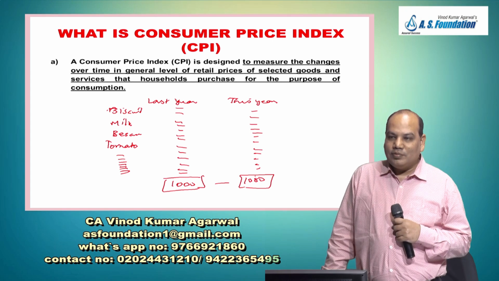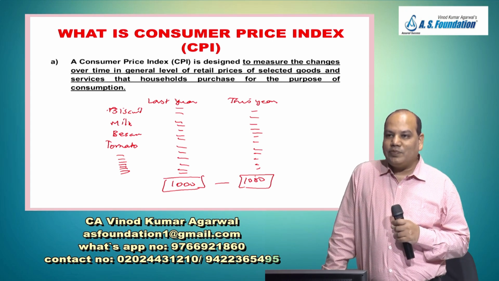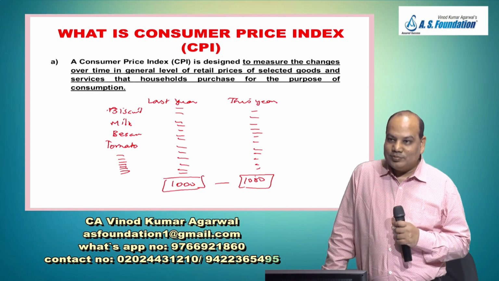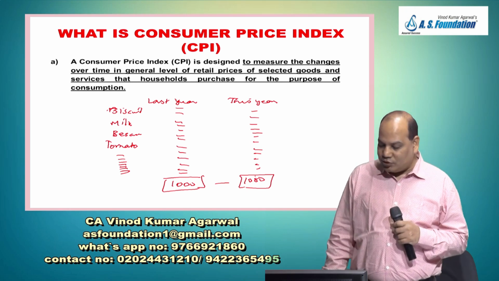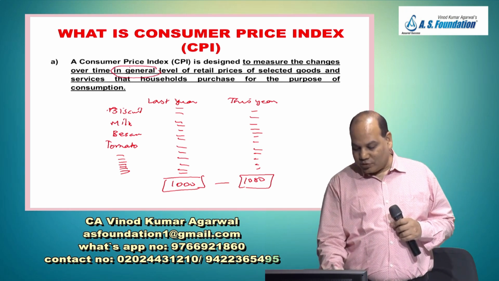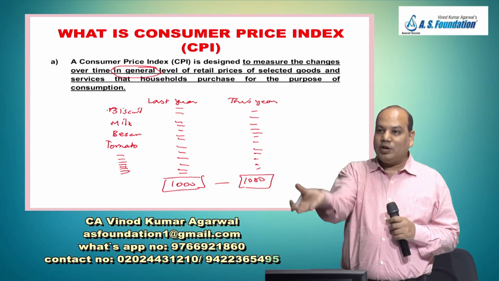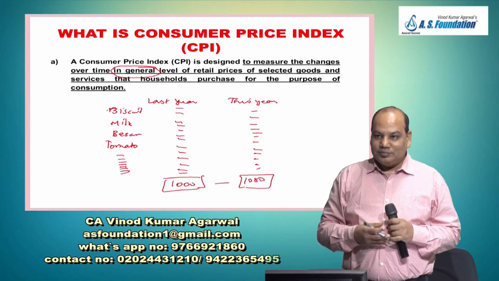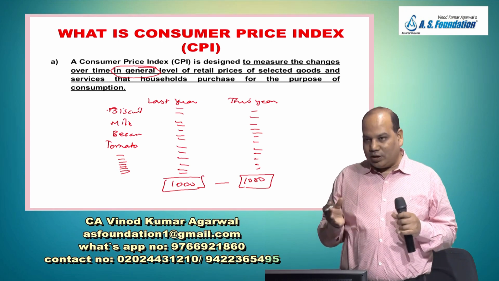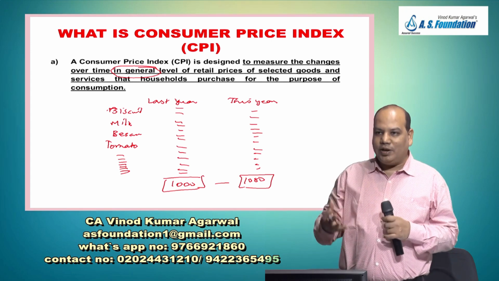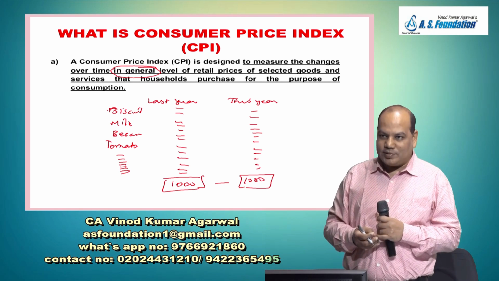In general, the prices of goods and services which Indian consumers consume have increased by 8%. In general, because it is an average. It is possible milk may have increased more than biscuit. Any index gives you an average idea about the movement of prices.